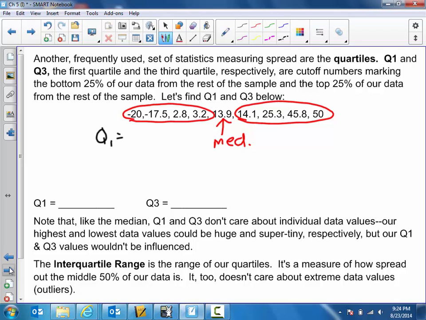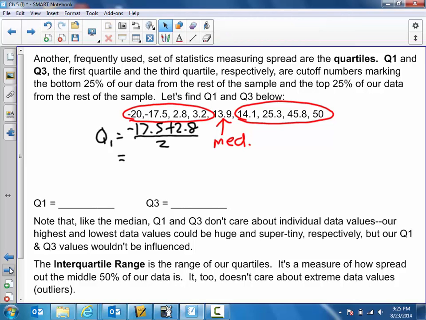So quartile 1 here would be equal to the average of negative 17.5 and 2.8, which would come out to be, let's see, did I write this down? I did, good. Just to double check, negative 7.35 is my quartile 1.